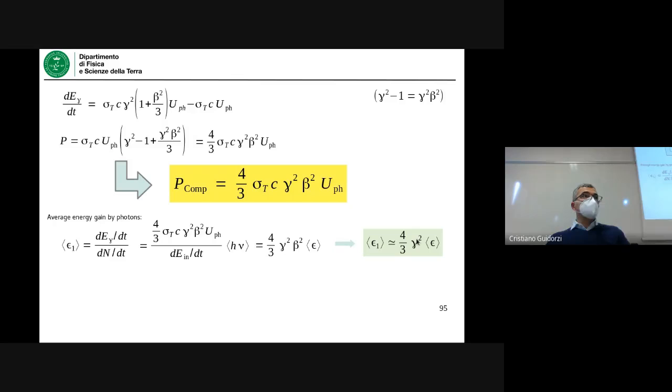So you see again this factor gamma squared. And the coefficient is just 4/3. So on average, this is the energy gain. So indeed, there is a net gain of energy by the population of photons, at the expense of the electron, of course.